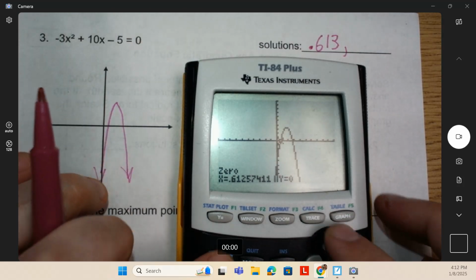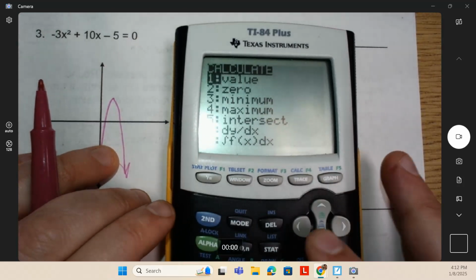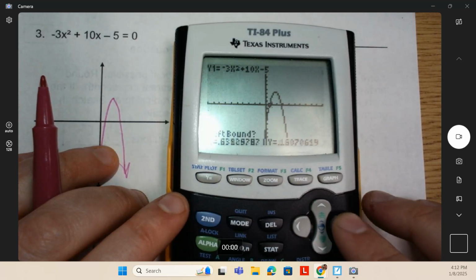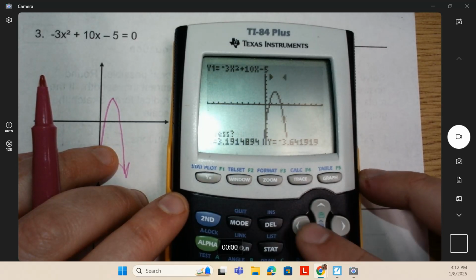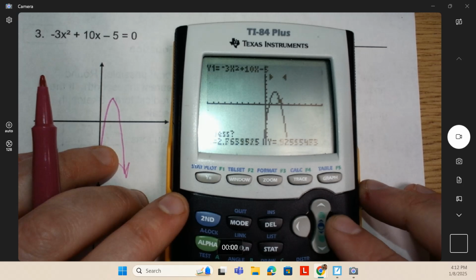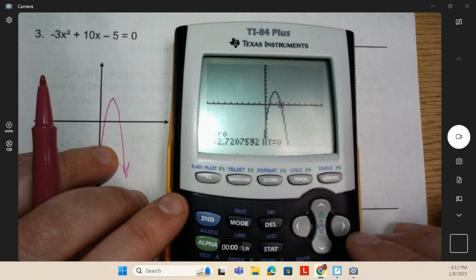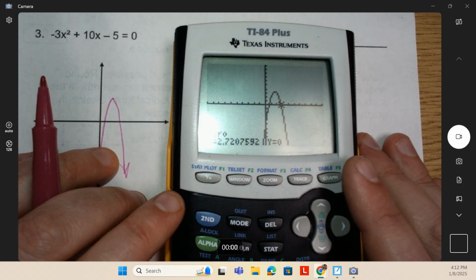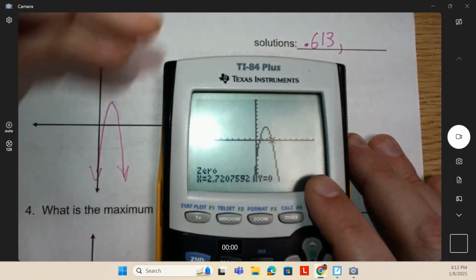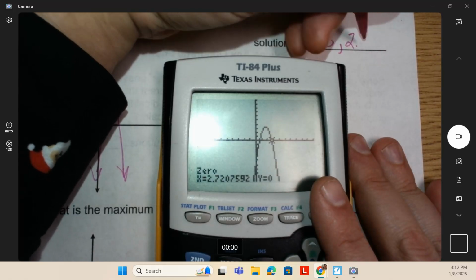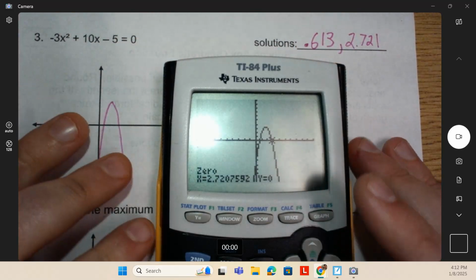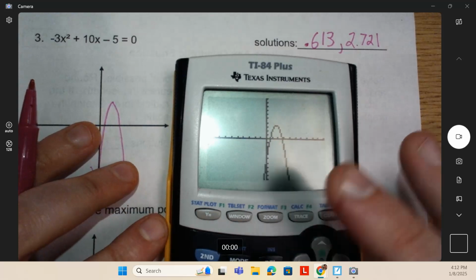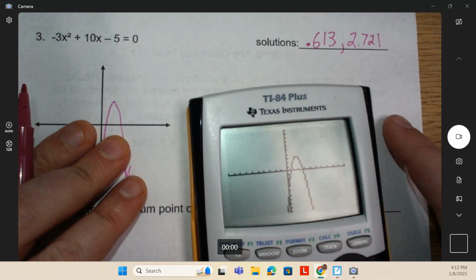And the next solution, second trace 2. Left bound would be there. Make sure I get to the right side there. If I guess right there, 2.721. So, because this is looking at solving any type, you will get some decimal numbers here.